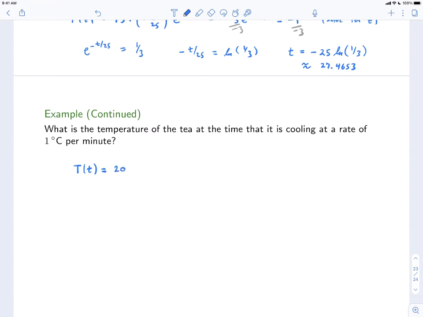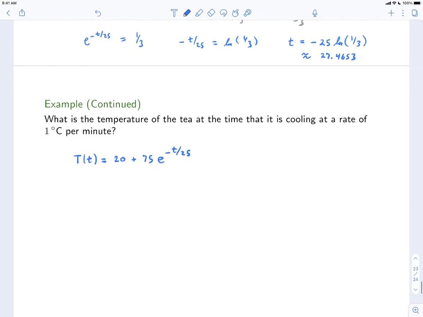And we know this happens when t is equal to, and I'm not going to use the approximate value, I'm going to use the exact value, minus 25 ln 1 over 3.